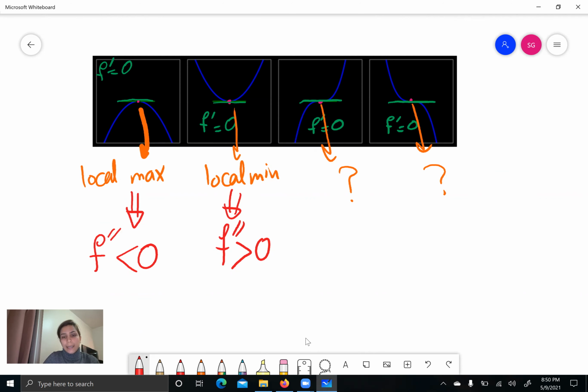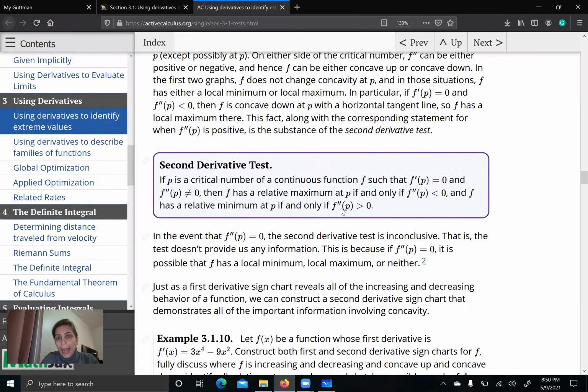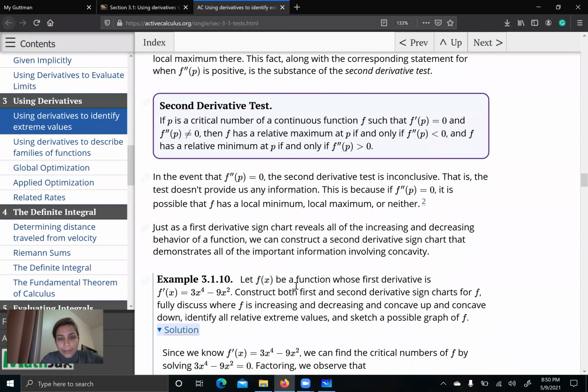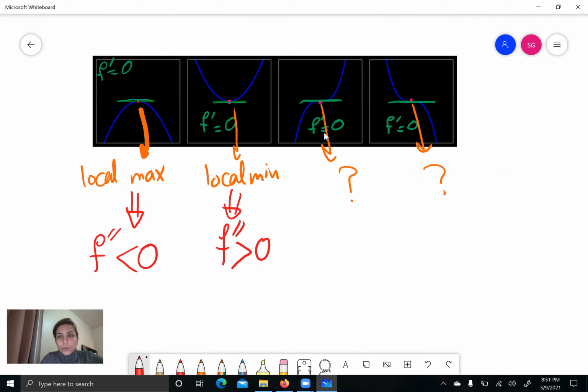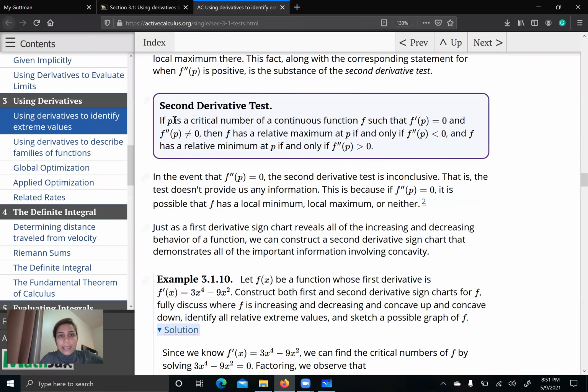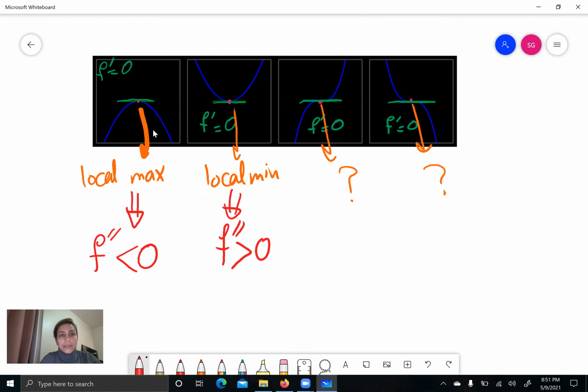And what about here? At first, I'm going to get to these last two graphs later, because here the second derivative test only gives us the result for the first two cases, local max and local min.